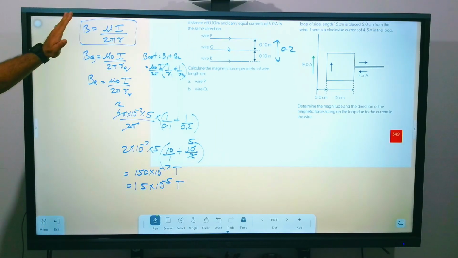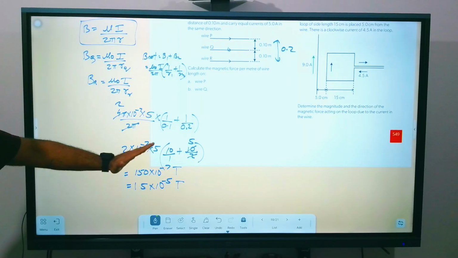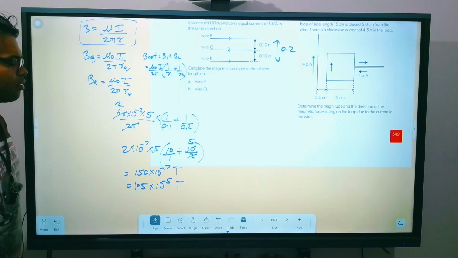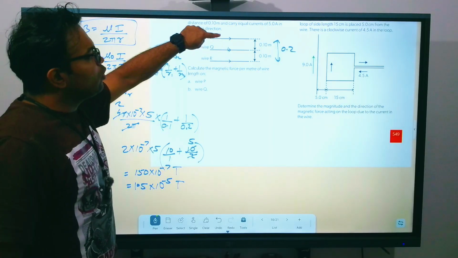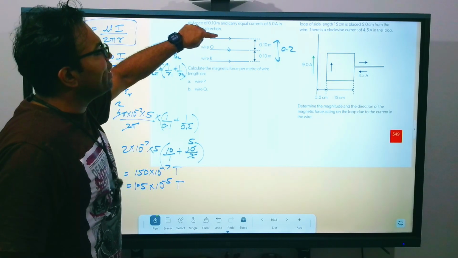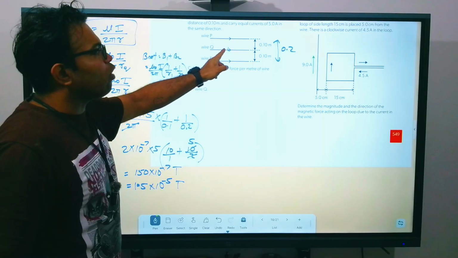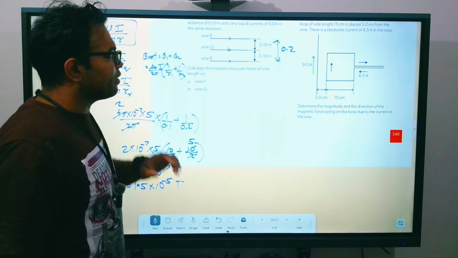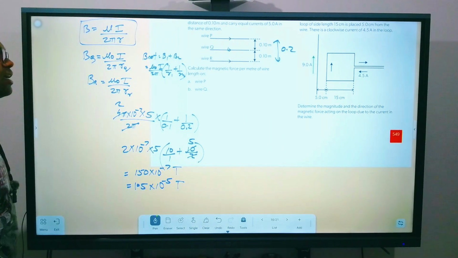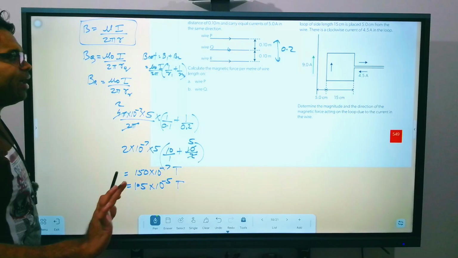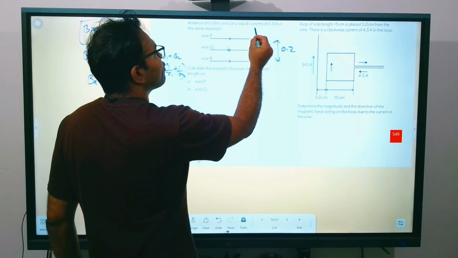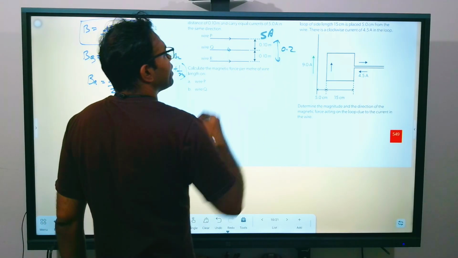Understood? Any doubt in any of the lines? For the wire P, this field of Q and this field of R are both getting added up here. That's all we did. Next, there is a current flowing here, that is 5 ampere current.